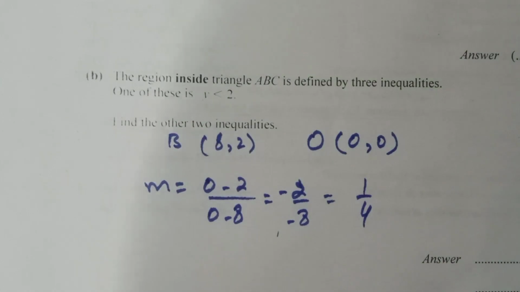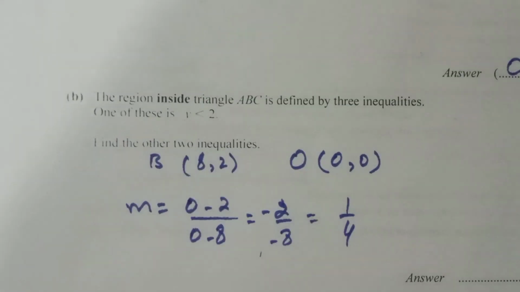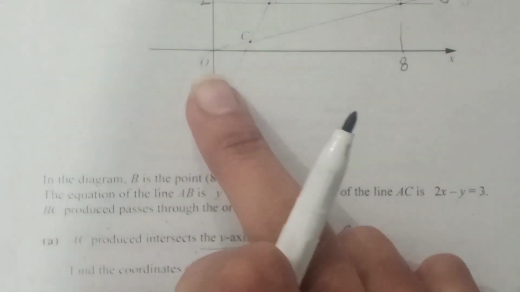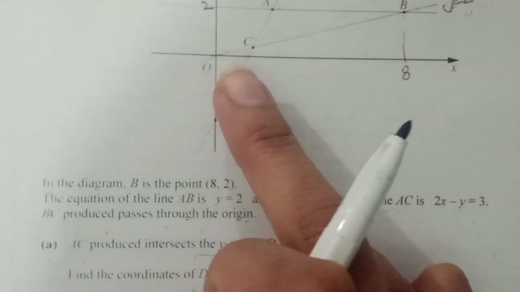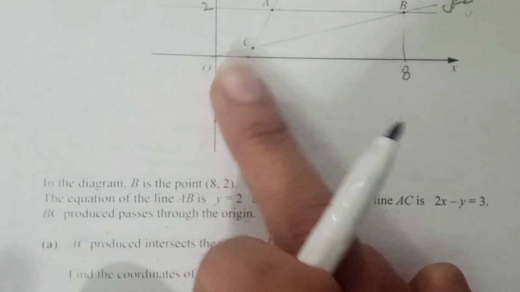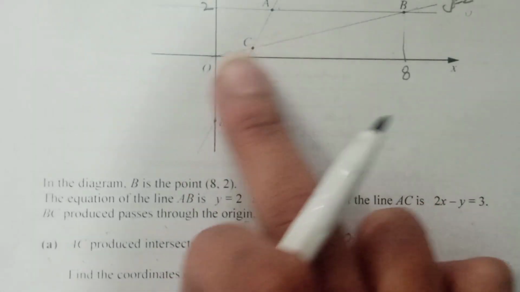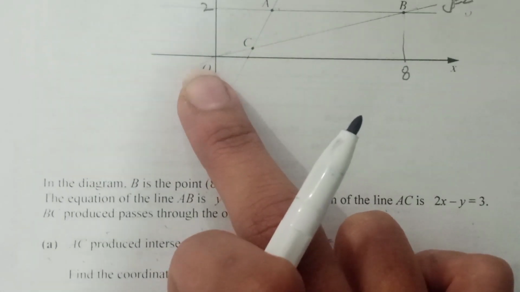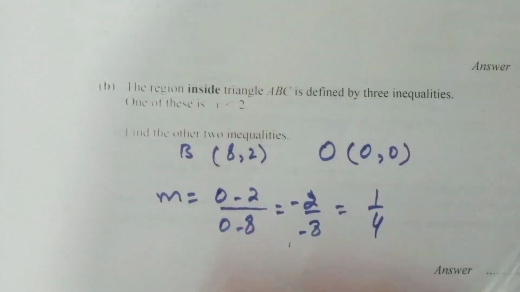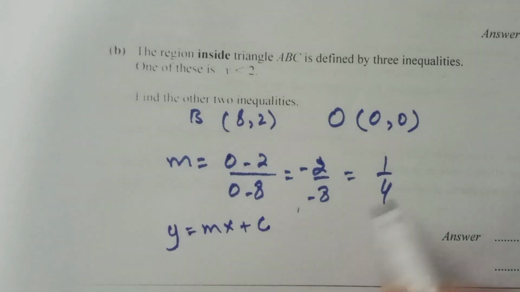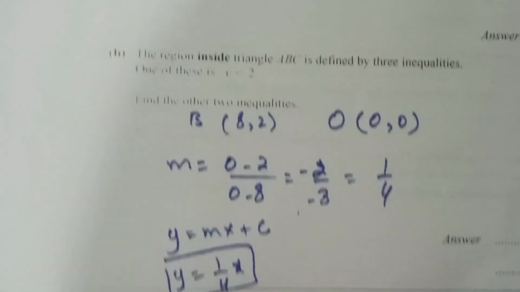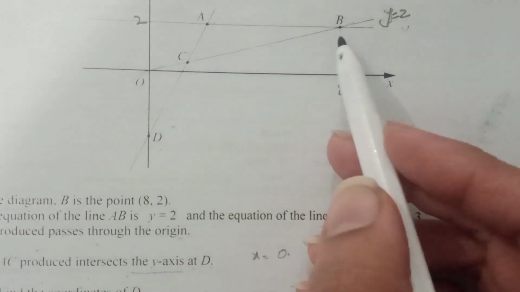We get the gradient 1 by 4. We also get the information of the y-intercept c from this line: the line passes through the origin, so c is equal to 0. That's why the equation of the line is y is equal to mx plus c, where m, the gradient, is 1 by 4 and c is also 0. That is the equation of the line BC.